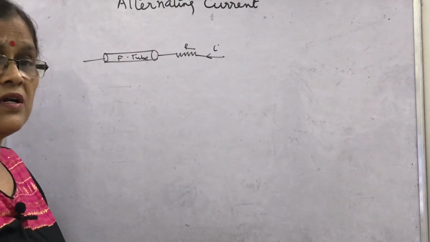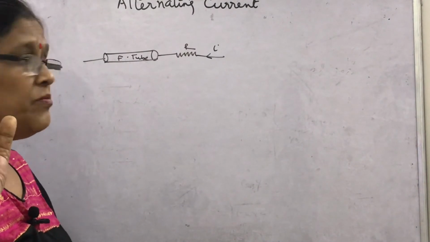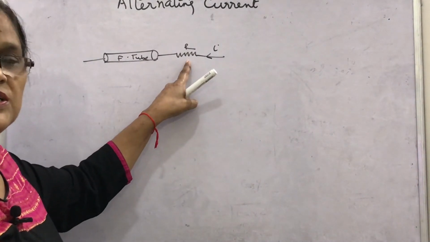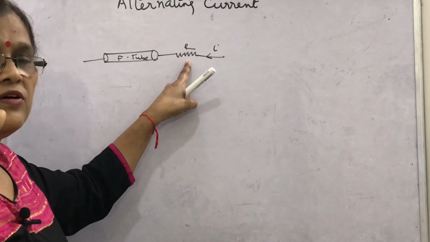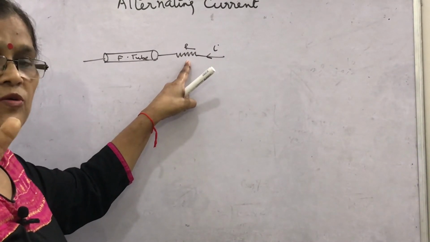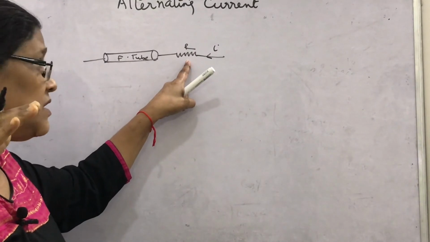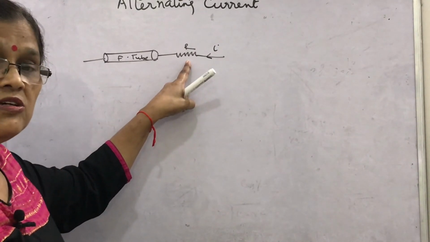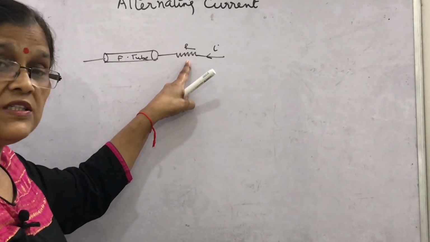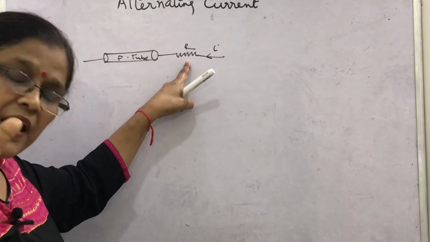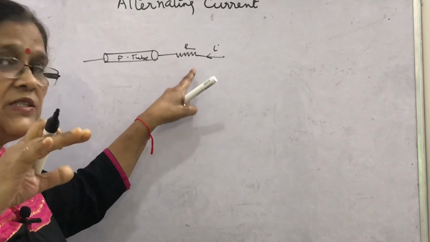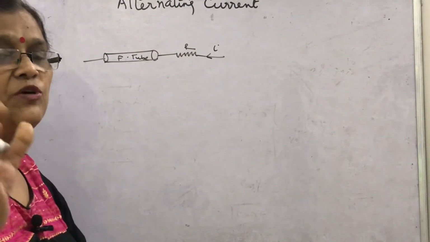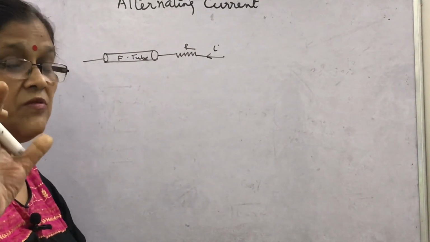Why should you not connect the resistance? Because across this resistance there is a huge waste of power. It can reduce the voltage, but by reducing the voltage it will at the same time waste the power. Then what is to be done?